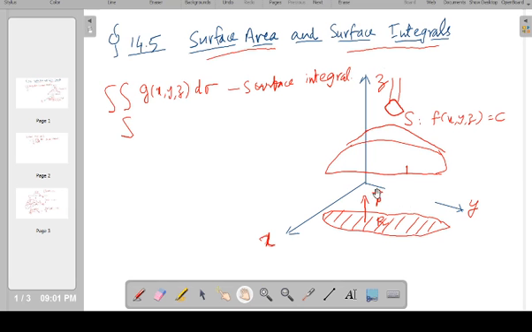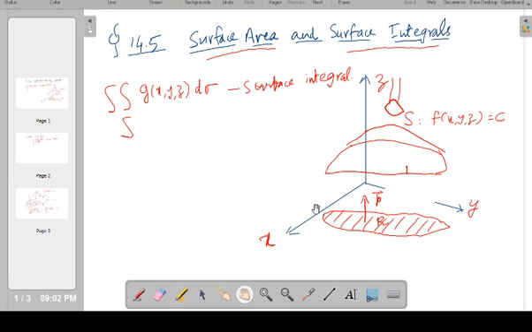Similarly, if you are projecting the surface to the yz plane, then look at the shadow on that yz plane, and the unit vector P, which is perpendicular to that shadow region R, can be taken as vector I. So in general, vector P is a unit vector perpendicular to the shadow region R.